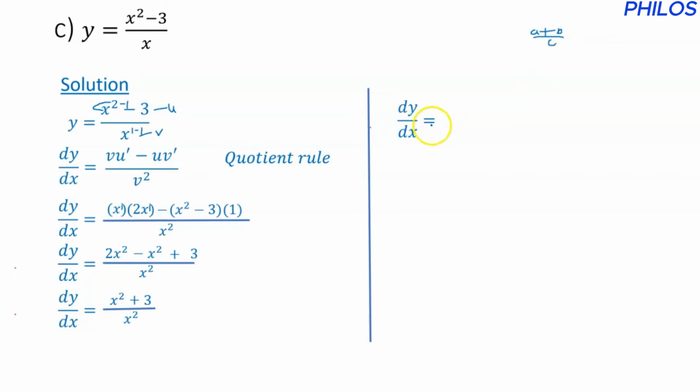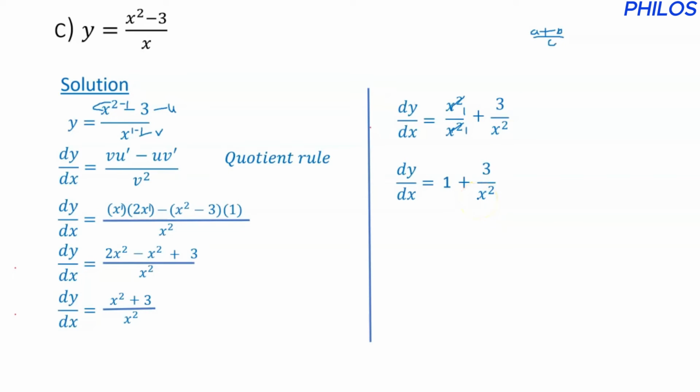So if you have x squared plus 3 all divided by x squared, then it can be written as x squared over x squared plus 3 over x squared. So this x squared goes here 1 and then here also 1. So 1 divided by 1 will still remain 1. So dy over dx will be equal to 1 plus this, which is 3 divided by x squared. So that's the final answer to this also.